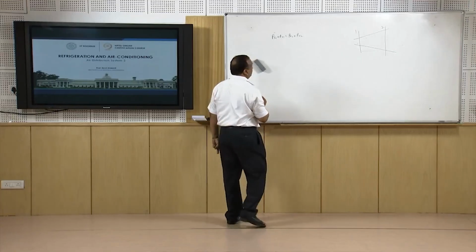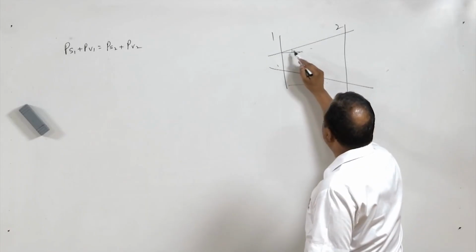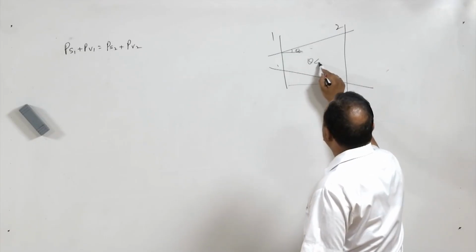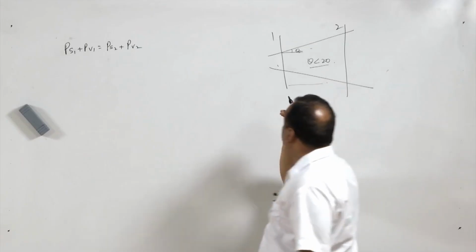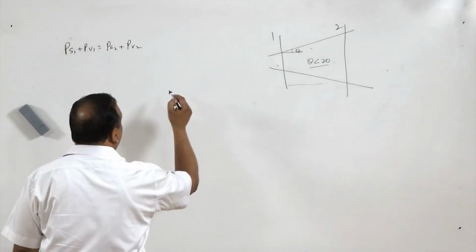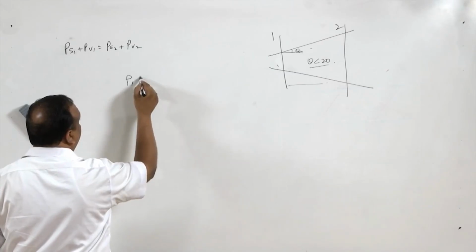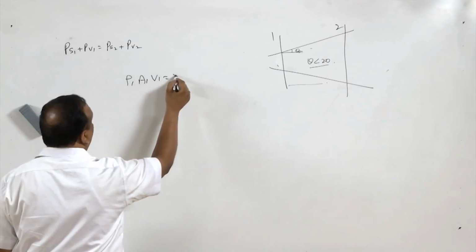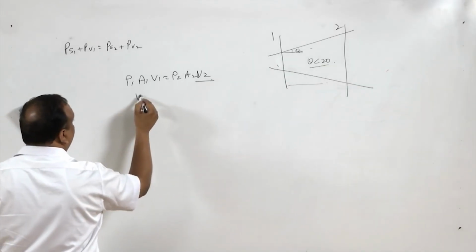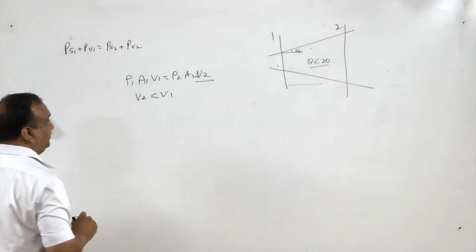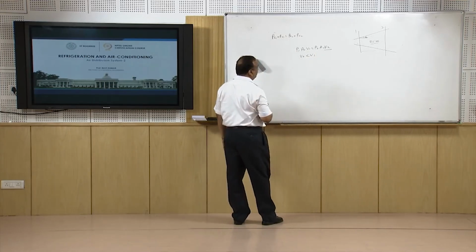If the angle theta of this diverging section is less than 20, then using the continuity equation, rho 1 A1 V1 is equal to rho 2 A2 V2, you can easily find that V2 is less than V1, or the velocity of air has reduced.